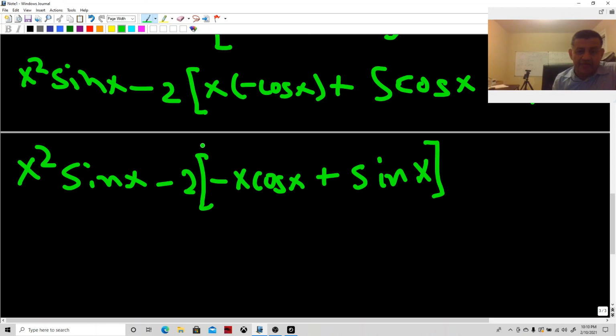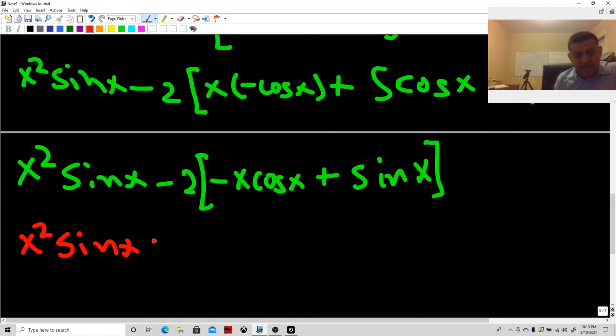Now, all I have to do is multiply that. Okay, so now what I have to do right here is the following. So I said x squared sine x, right?